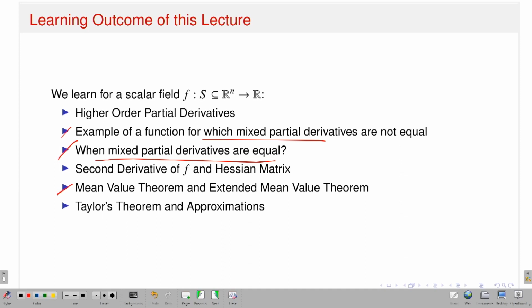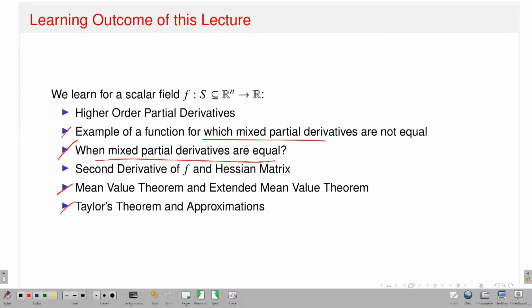In the case of vector valued functions of a vector variable, or real valued functions of a vector variable, that means a scalar field, are there any notions of mean value theorem? Here you will see that rather than a theorem, you will have mean value inequalities. I will also talk about the extended mean value theorem, and we will see what I mean by the mean value theorem in this context.